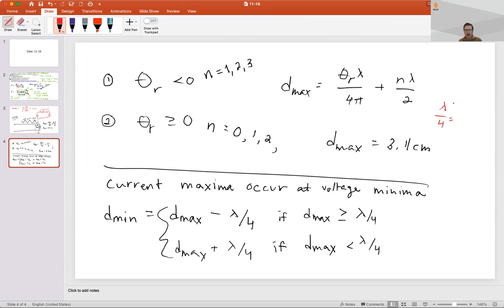So we have this case. So what is the D min? It'd be 1.11 centimeters.